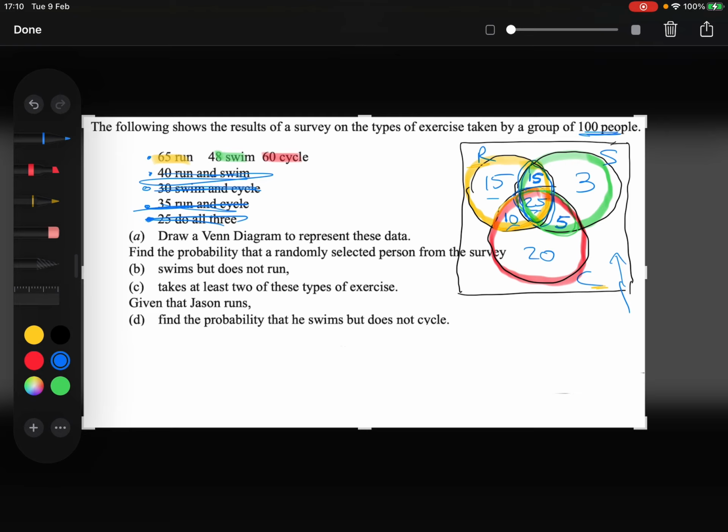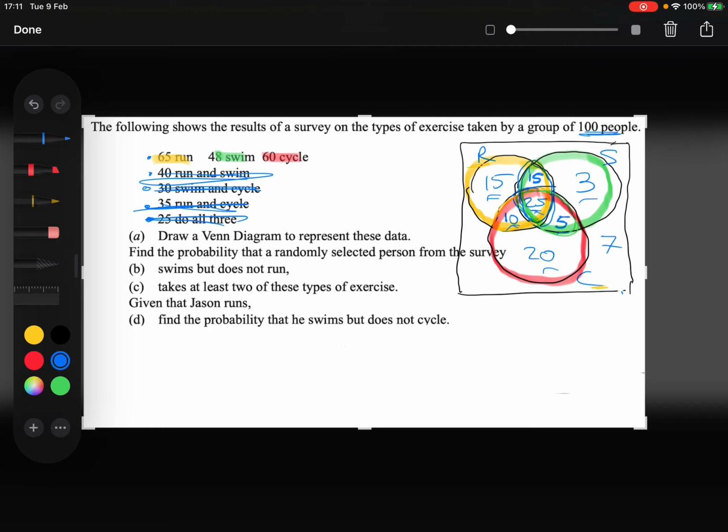So if I add up all of these numbers on the inside, I get 93, which means that there must be 7 people on the outside here that don't do any of these 3 exercises. So don't forget to fill in the outside, because sometimes that can be absolutely crucial in terms of problem solving.